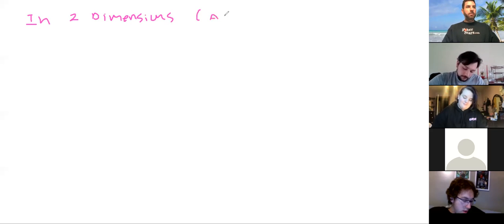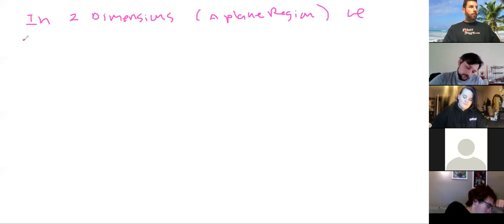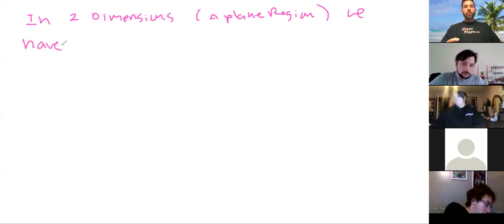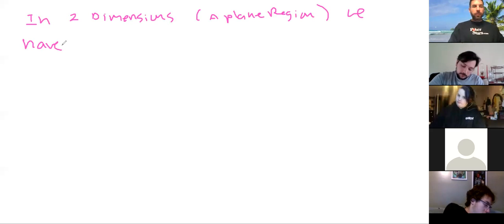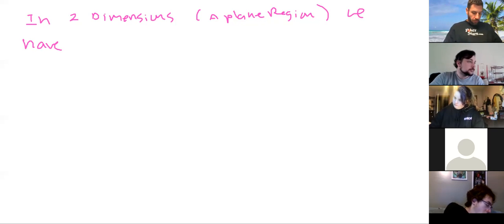This means a plane region. If we have a plane region, imagine a plate. A plate is given by 2 variables, x and y. So we have to imagine that there are going to be 2 of these quote-unquote moments that we have to determine. So here we go.